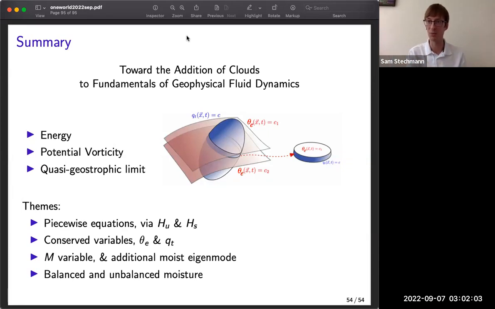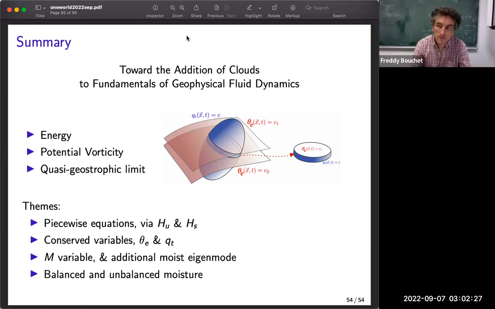So this would possibly be one way to rigorously ask: is there a system that looks like the dry equations, with an effective buoyancy frequency, for instance? That's just one thought of where that might go.